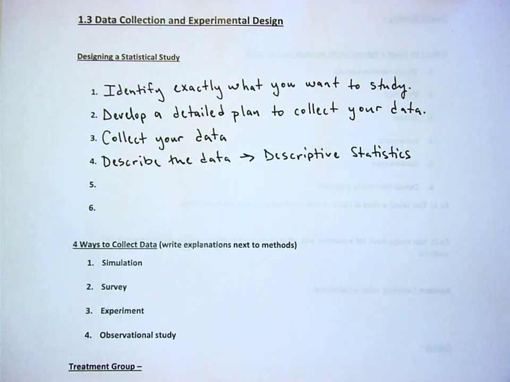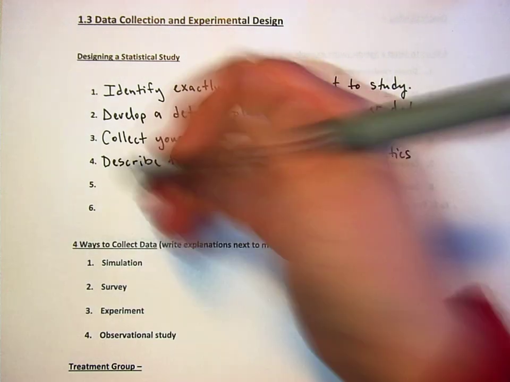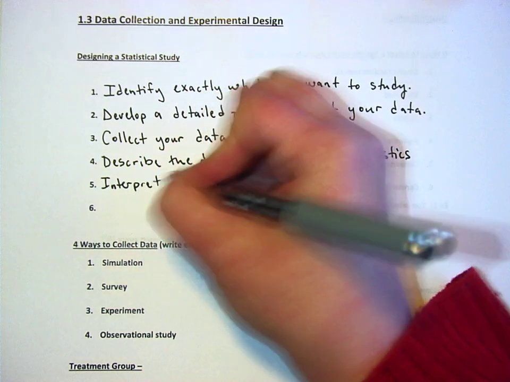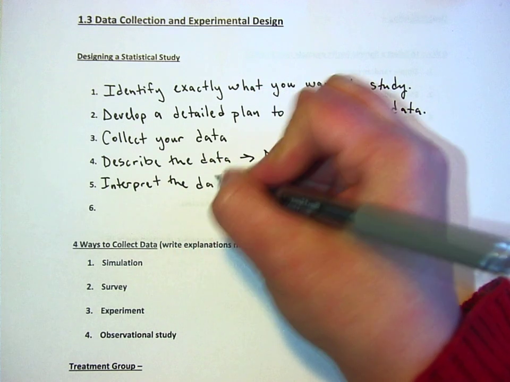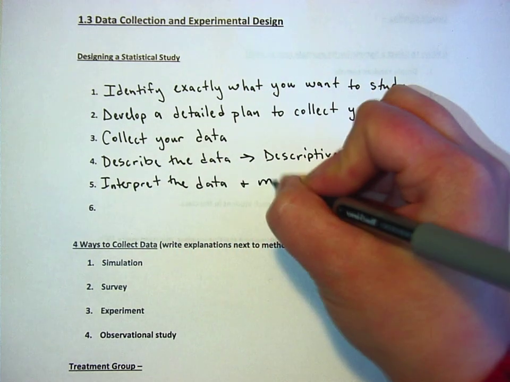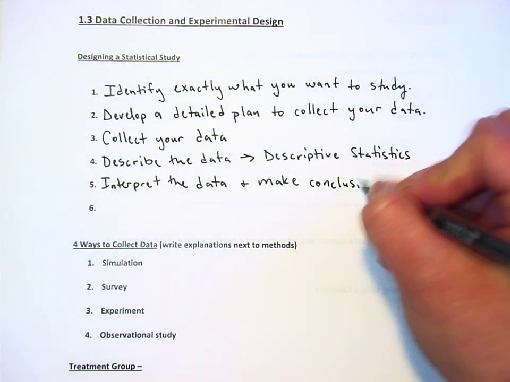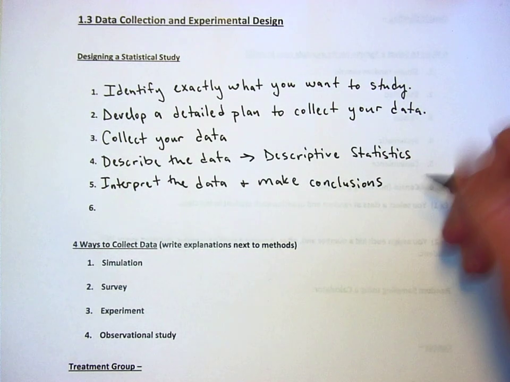That's just the facts. Step 5 is to interpret the data and make conclusions about a population. This is the inferential part.